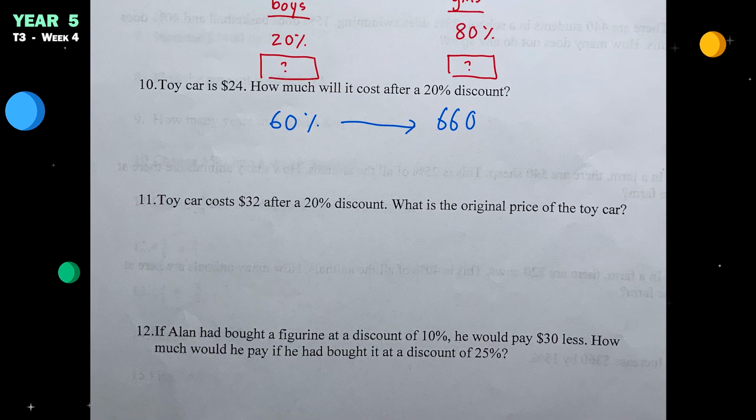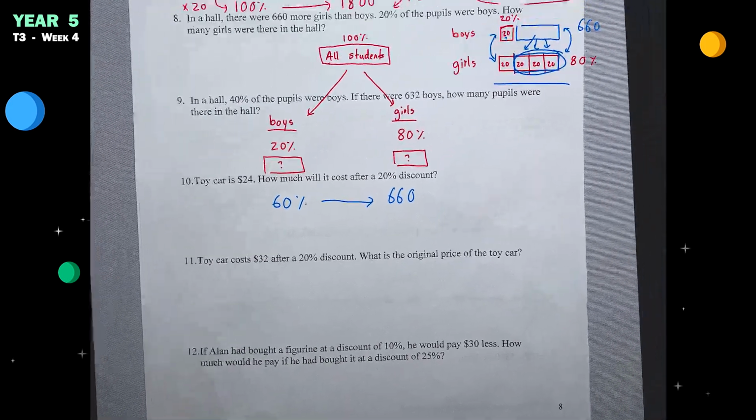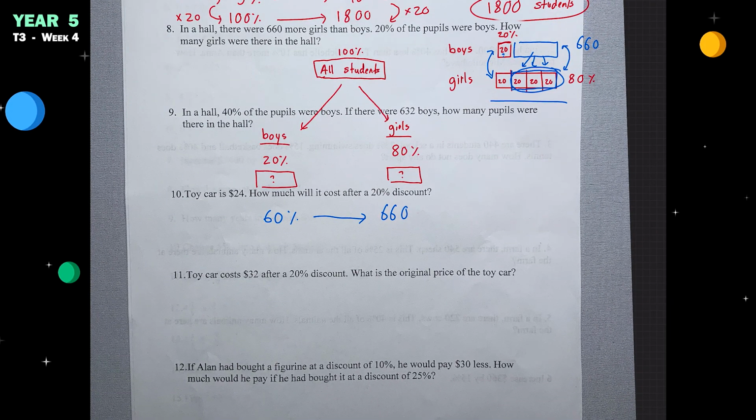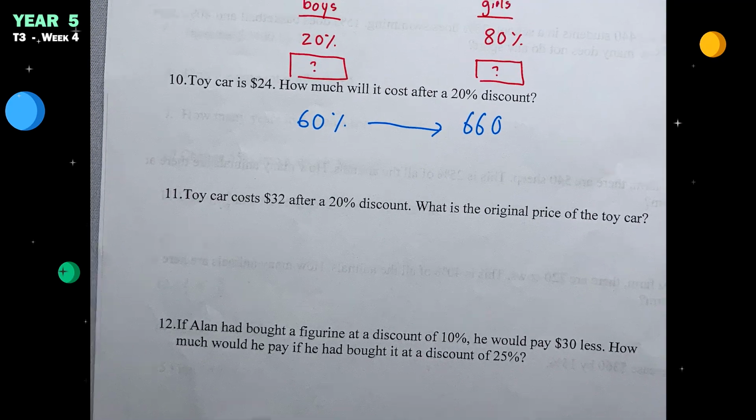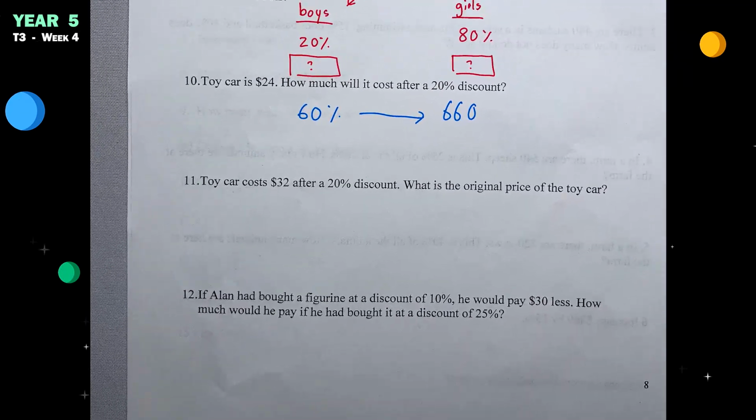So now we have to go back to the question, which is asking how many girls were there in the hall. Okay, so to find the girls is 80%. So we want to get to 80%. We know that 60% is 660. We want to get to 80%. Why do I choose 80%? Because that's how many girls there are.